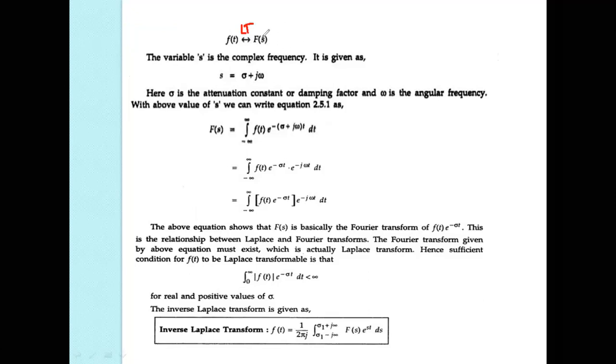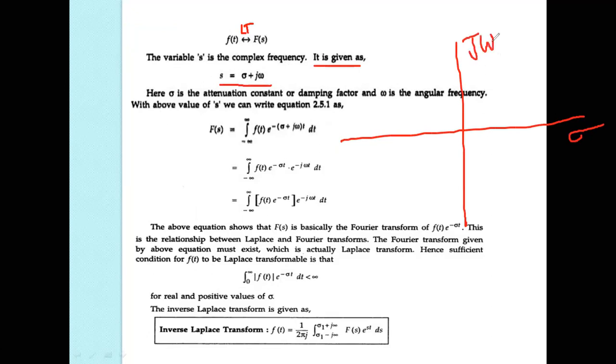F of s, f of omega, f of k, all are frequencies, but here f of s is a complex frequency, given as s equals sigma plus j omega. Sigma is the real axis, j omega is the imaginary axis. This is the s plane, having the 4 quadrants.